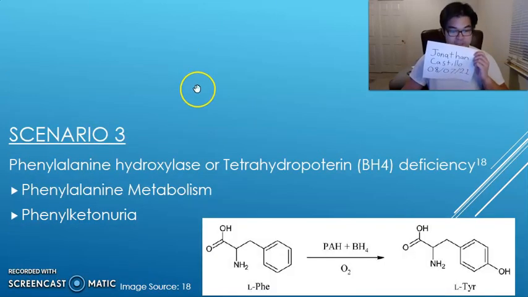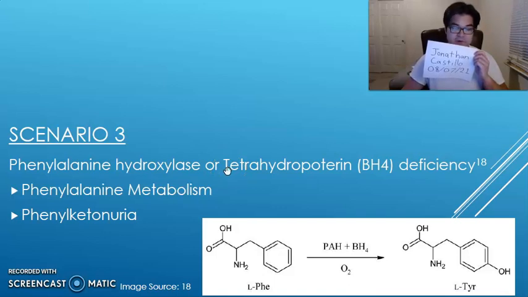Scenario 3. Based on the patient's condition, this is likely a phenylalanine hydroxylase enzyme deficiency, or also tetrahydrobiopterin BH4 deficiency. The specific amino acid that is no longer being metabolized is phenylalanine.